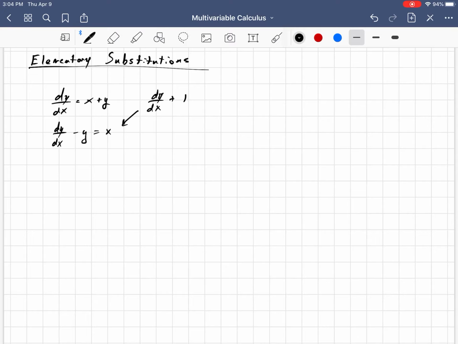And this does fit the form dy/dx plus p of x times y is equal to q of x, where q of x is just x and p of x is -1. So we could find the integrating factor mu of x, which would just be e to the negative x, and we could go through and multiply this whole equation by e to the negative x.